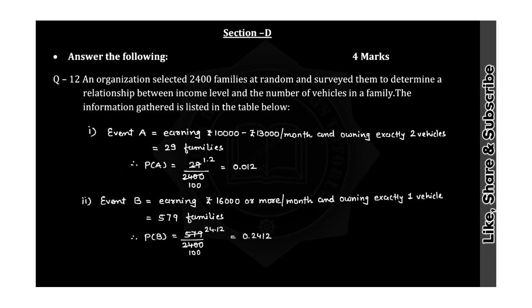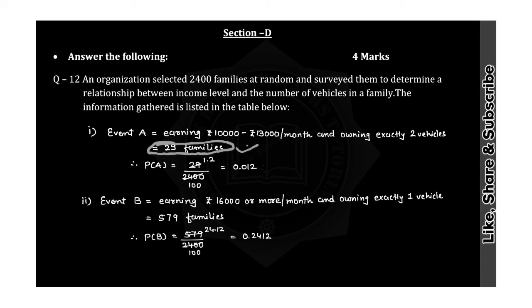Then we have to find the probability. So consider the first as event A, where the earning of the family is rupees 10,000 to 13,000 per month and they own exactly 2 vehicles. From the table, there are 29 such families. That means 29 families will be your favorable outcomes.